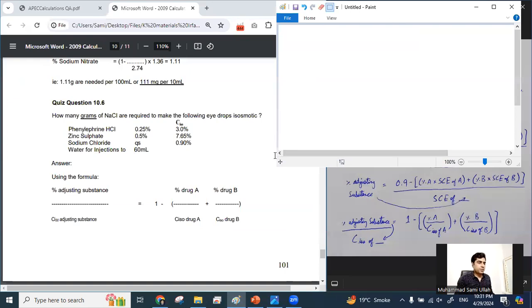Now how many grams of NaCl, again NaCl is here, are required to make the following eye drops isosmotic. Now this is phenylephrine, zinc sulfate, and sodium chloride. Sodium chloride we will be using here. So 2 ingredients are there. Let's start.